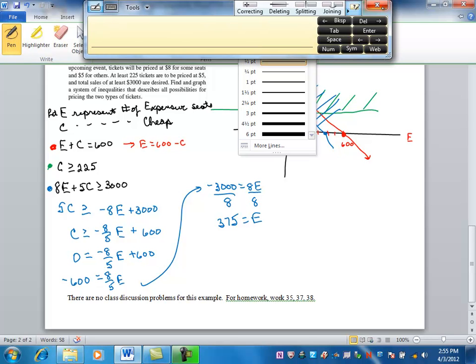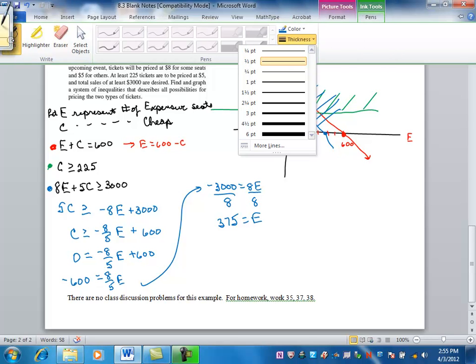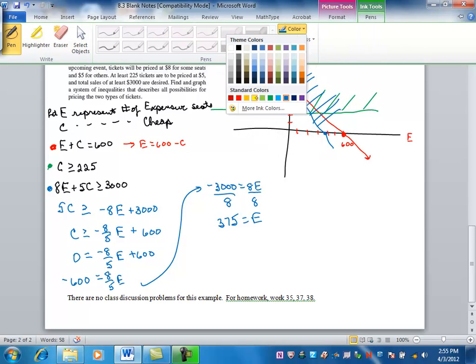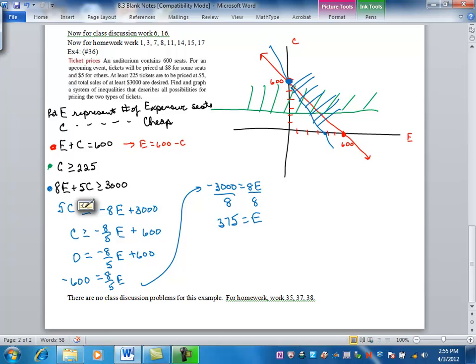Let me grab a pen here, and we're going to change this to the yellow. Get the yellow highlighter color without the thickness of the highlighter. Always a nice thing. And so there we go. There's our feasible region and our solution.